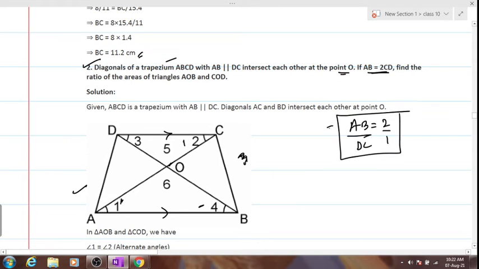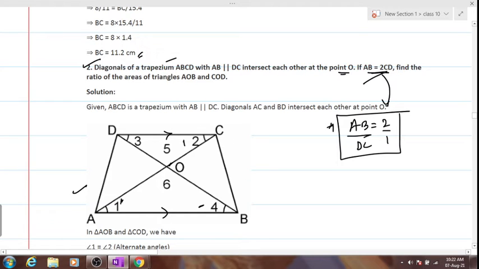Will I be wrong if I write it like this? Just cross multiply. Why I have written it like this, we'll get to know in the coming part.